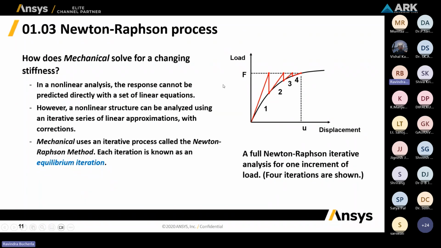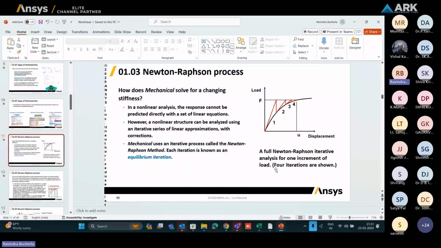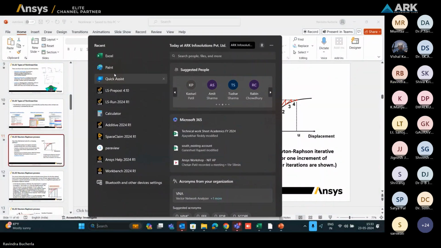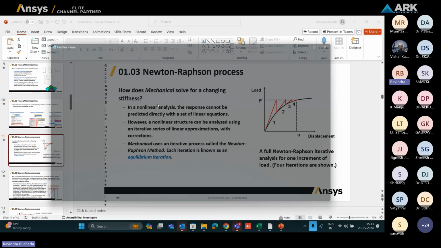In this Newton-Raphson method, instead of solving the problem in a single iteration, it will go through multiple iterations, and it will automatically calculate the updated stiffness, and finally we will be getting the result. So I will just give you a little more understanding of how it will solve.